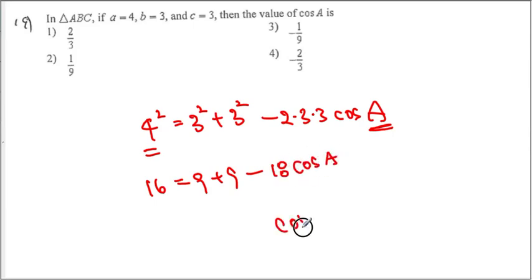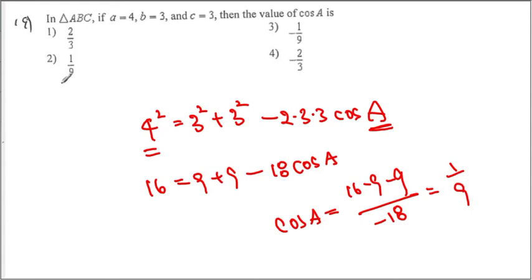Therefore, cosine of a must be equal to 16 minus 9 minus 9 over negative 18. Now, this becomes 1/9. That's basically what we end up getting. Alright, so let us continue to look at it.